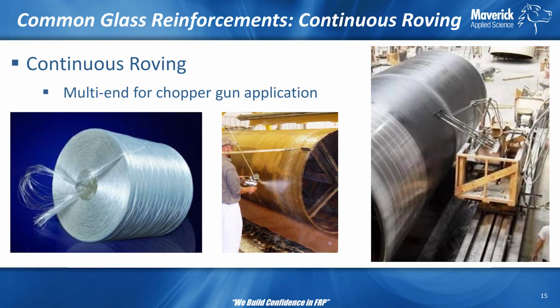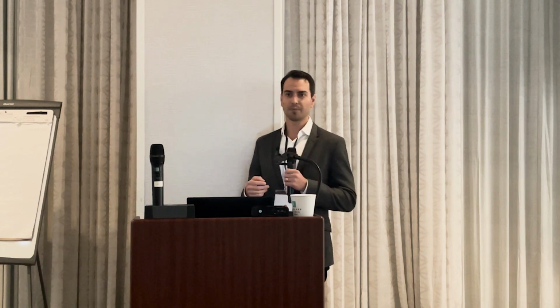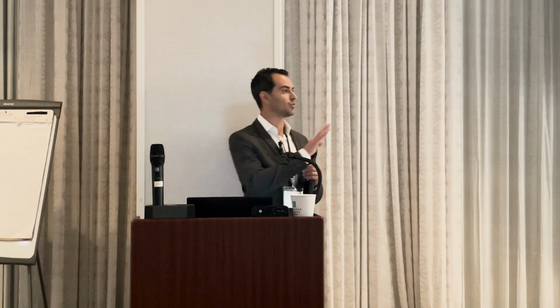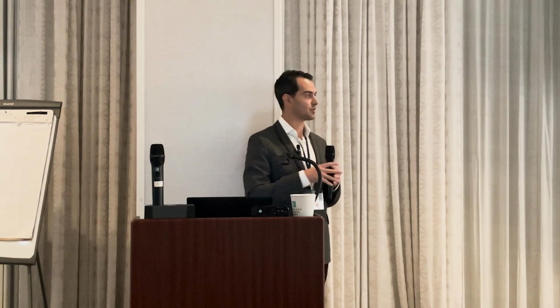The next one is glass reinforcement, continuous roving, multi-end for chopper gun application. This consists of strands of continuous fiber on a roll that is connected to a chopper gun. This chopper gun will spray and cut these fibers onto the surface you're laminating. It's pretty similar to the chop strand mat with the randomly oriented fibers, but it's applied directly to your application.